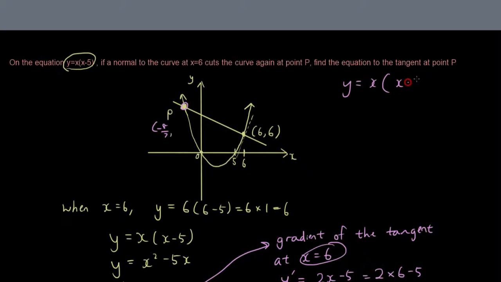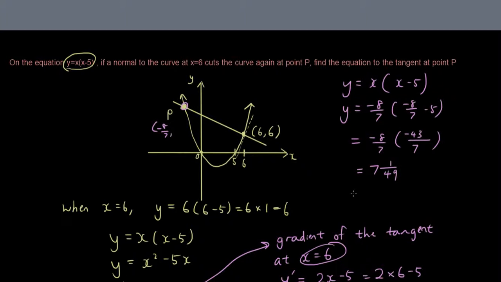So y equals x bracket x minus 5. Let's put in negative 8 over 7 into x, negative 8 over 7 minus 5, and let's put that into the calculator, and we will get 7.02, which is what it says on the graph, but if you want it in fraction form, it's 7 and 1 over 49.